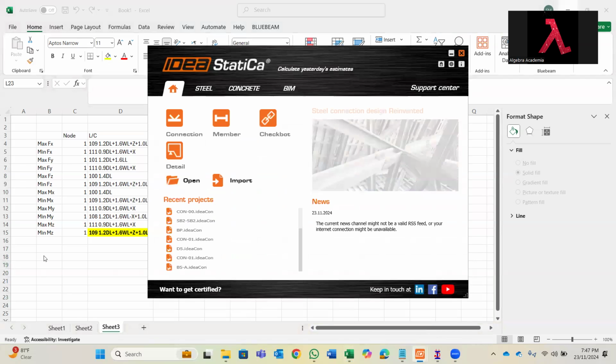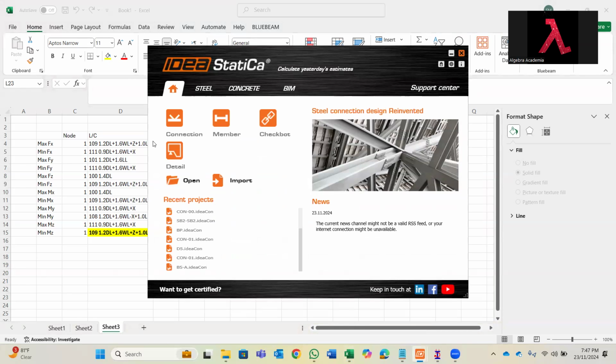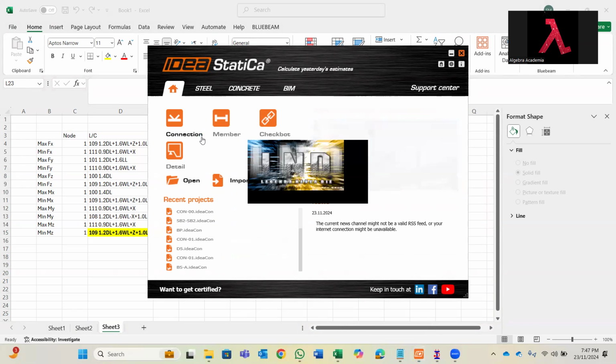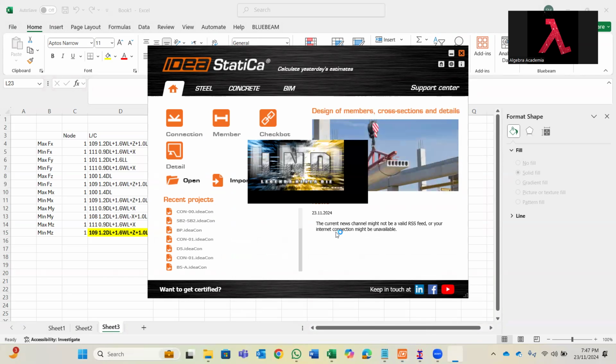So when you open the IDEA Statica, it looks like this. In this there is an option called connections. It takes some time when you open the IDEA Statica.